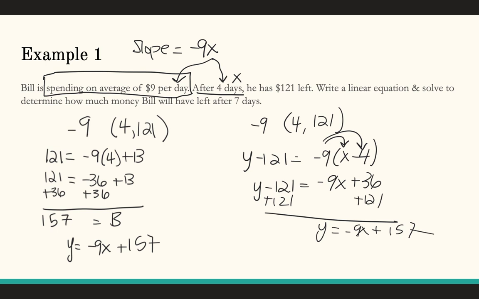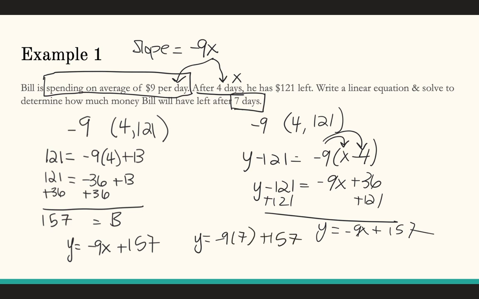So now, how do we find out our answer? Well, we substitute in what we know in our question. Determine how much money Bill will have after 7 days. So once again, days is our x value. We're going to substitute in 7 for x. So y equals -9 times 7 plus 157.